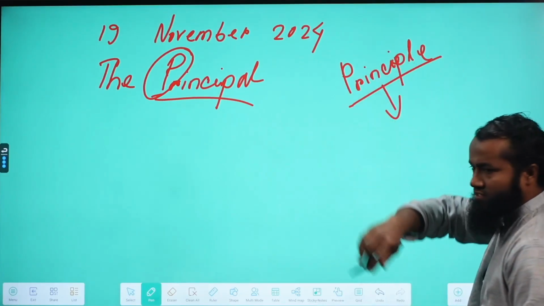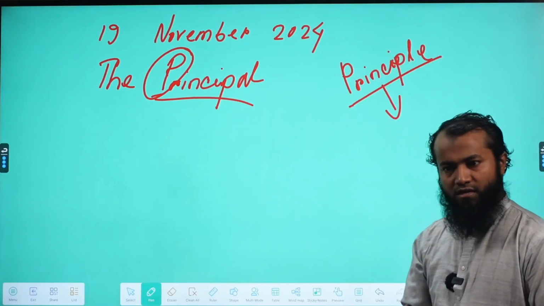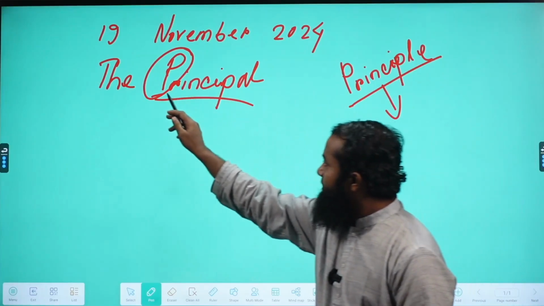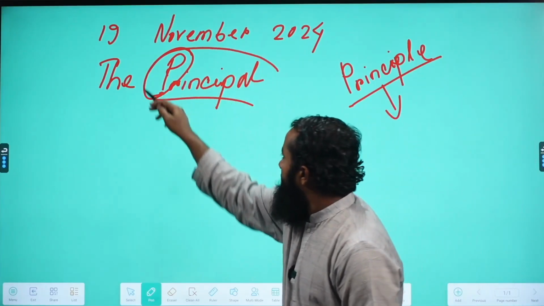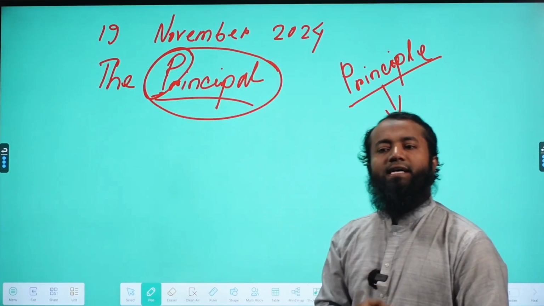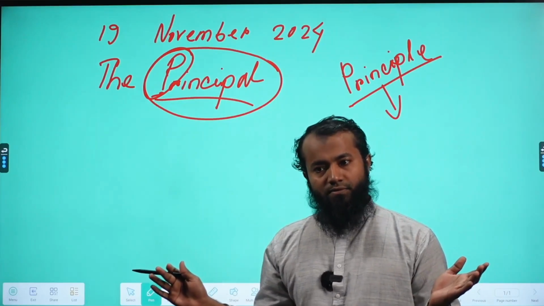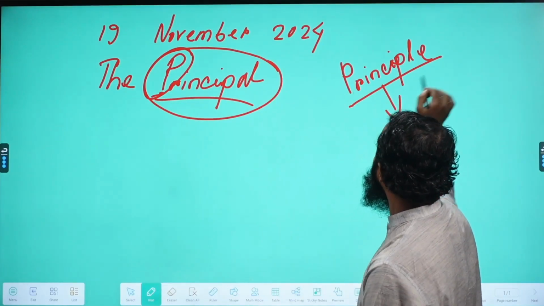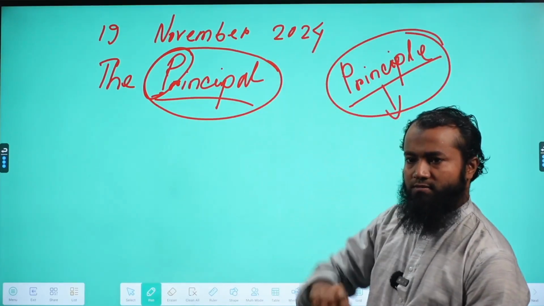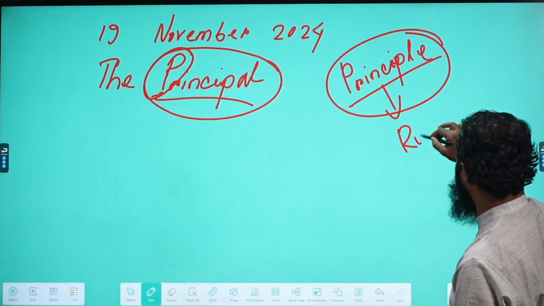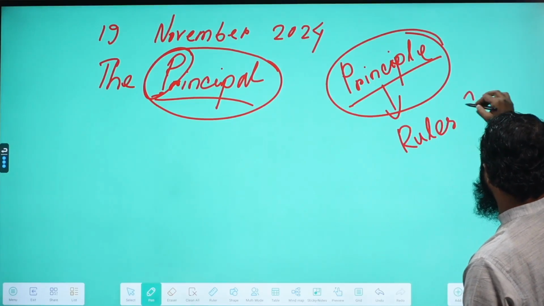Actually, the meaning of that word is rules and regulations, and the meaning of the word principal is the head of a college. So we should not write that word, because it means rules and regulations.